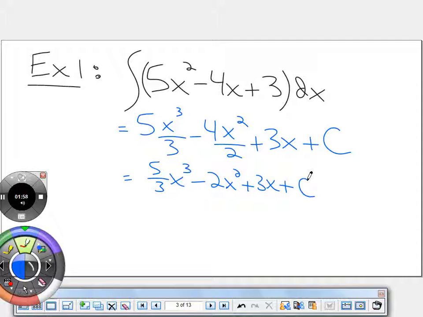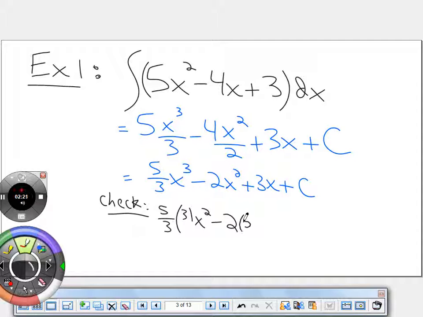If you ever want to check your antiderivative and say, gee, I don't know if I did that correctly, you can check it. All you have to do is find the derivative. So the check is to do d/dx of all of those. You have 5/3. You'd bring the 3 out in front. Reduce it by a power. Then remember the constant you carry.